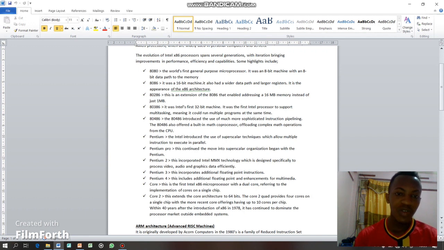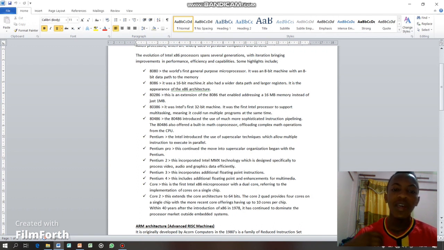So after that, they introduced the 80486, and here in the text it says that the 80486 introduced the use of a much more sophisticated instruction pipeline. The 80486 also offered a built-in math coprocessor, offloading complex math operations from the CPU.